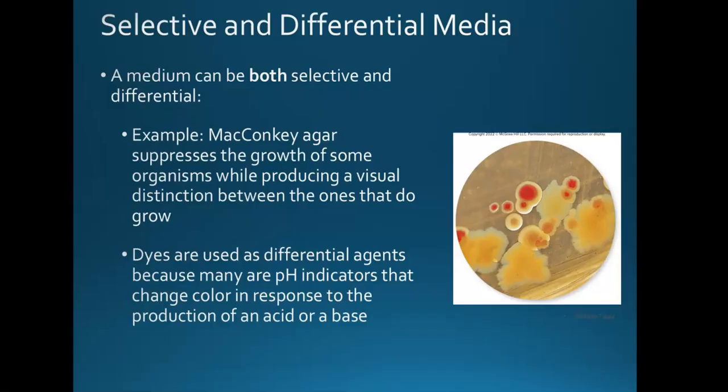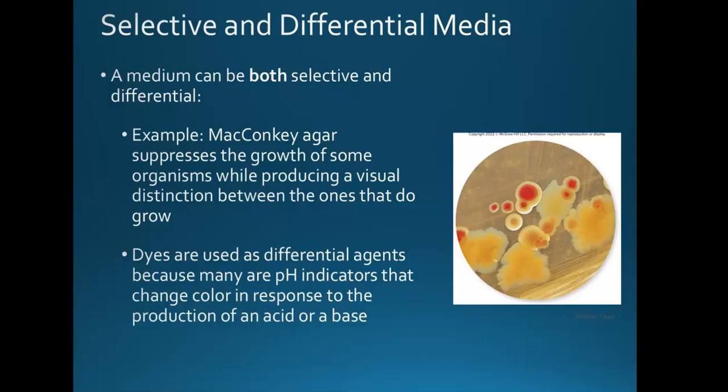That means that the metabolism of the bacteria is usually producing some acid or producing a base that is a byproduct of its metabolism. And that pH indicator shows us that the pH has either dropped or increased from what it was. That allows us to gain some information about that microorganism.